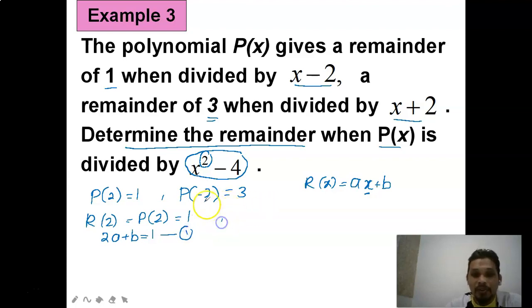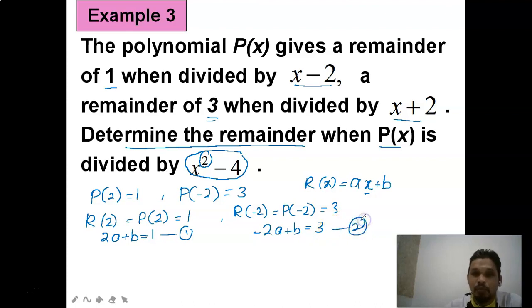Then also from the previous definition, R(negative 2) equals p(negative 2) equals 3. Substituting x with negative 2 gives negative 2a plus b equals 3.